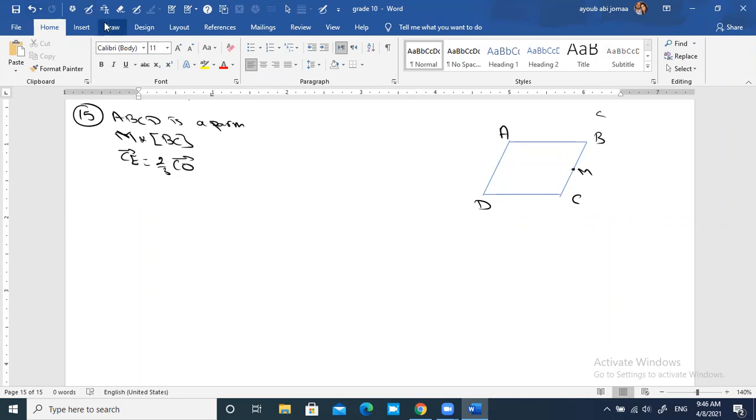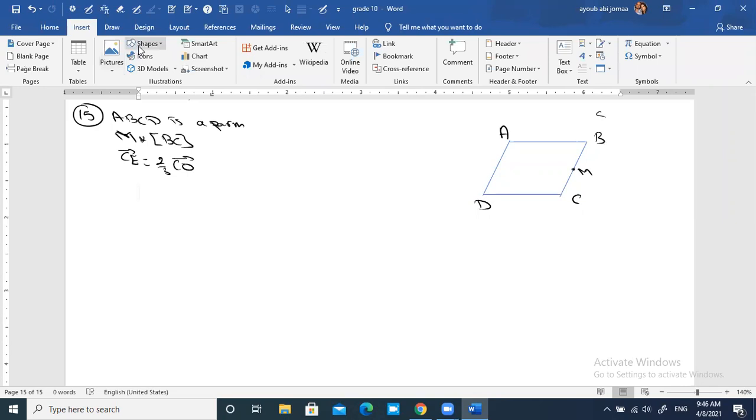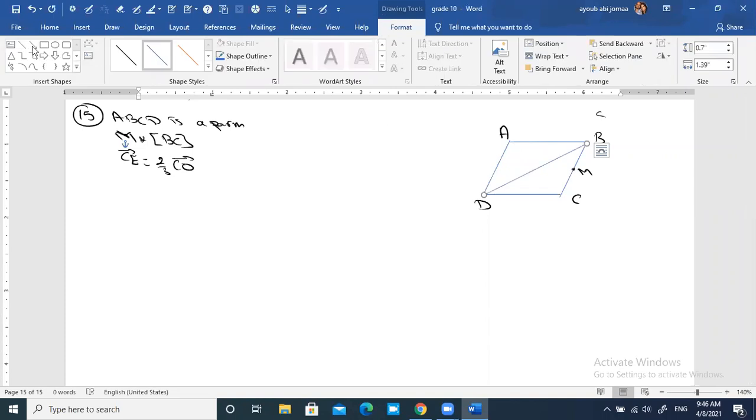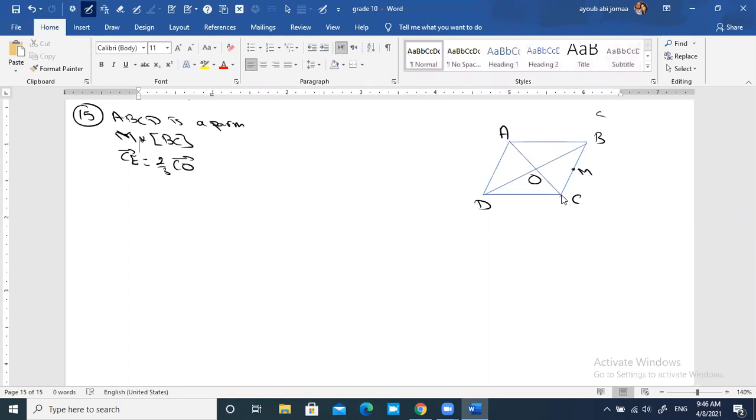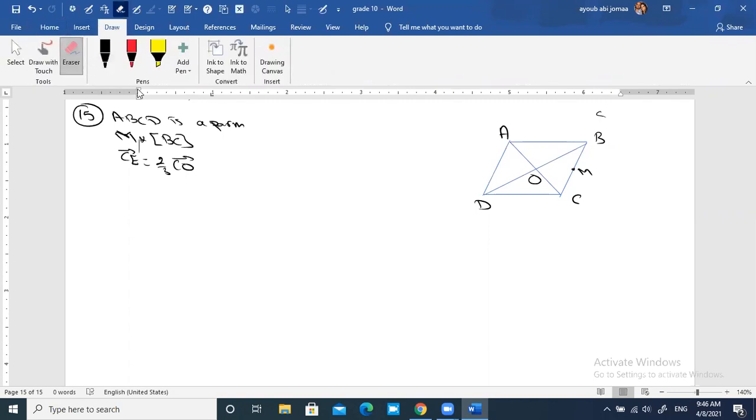Center of the parallelogram means the intersection of the medians. So CE is 2 over 3 CO.